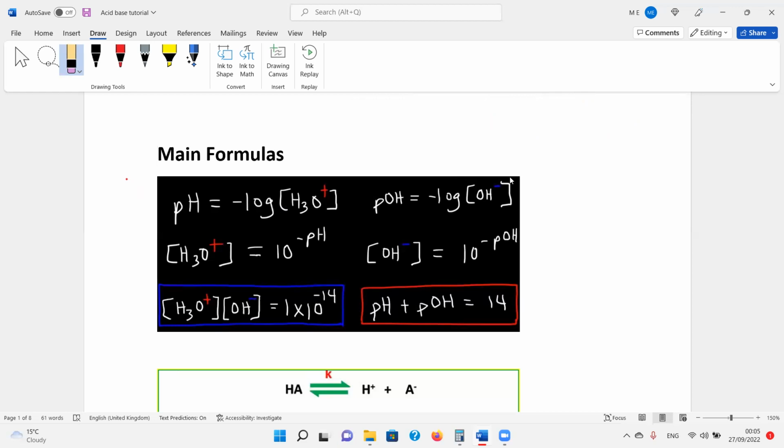We can just plug the values of hydrogen and OH in here and find out pH. And if you are given the concentration of hydrogen or the OH, you can use 10 to the power of minus the pH or pOH to find out the concentration of the hydroxyl or the hydrogen ion.